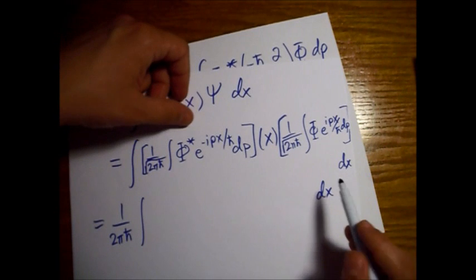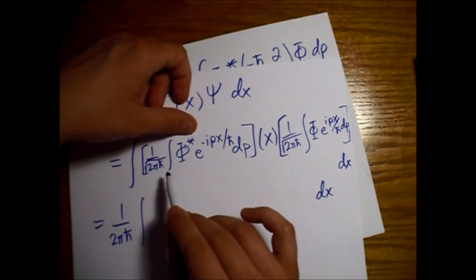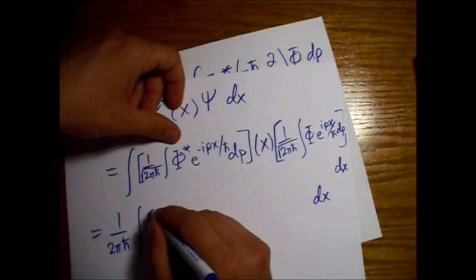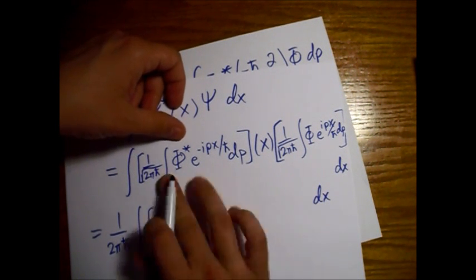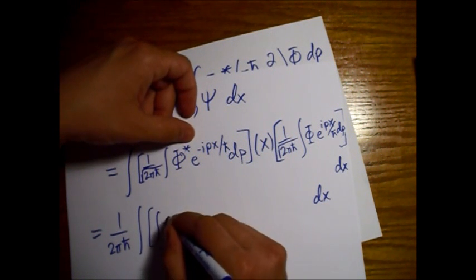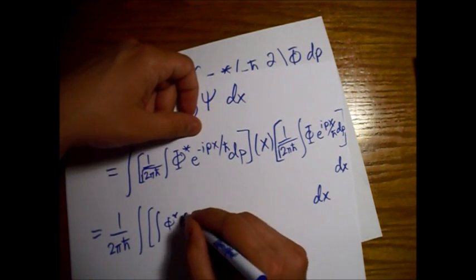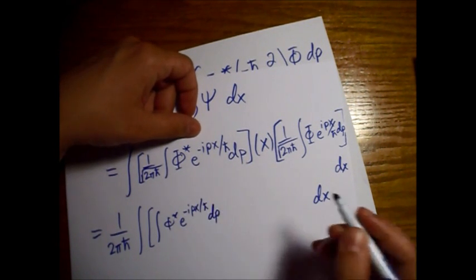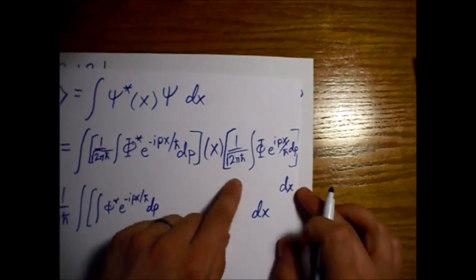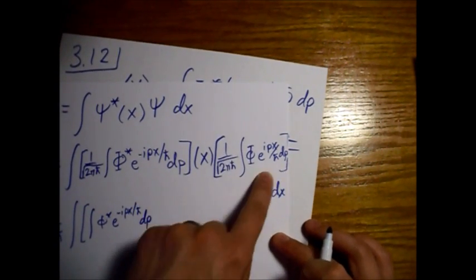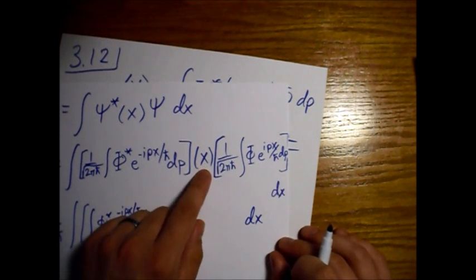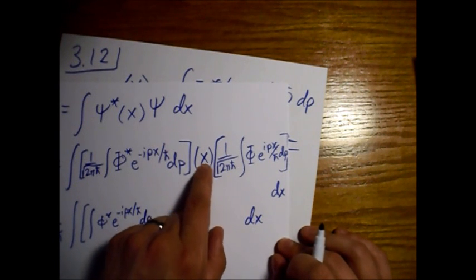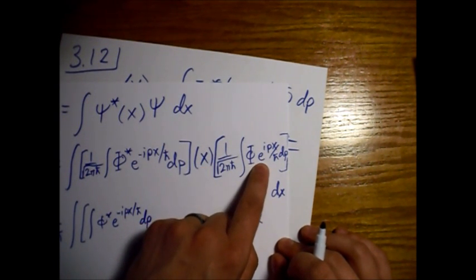We'll see if we can smash all this in the middle here. Now, since this little integration right here is with respect to momentum, it sees this x as a constant. So we can bring this x into this integral.